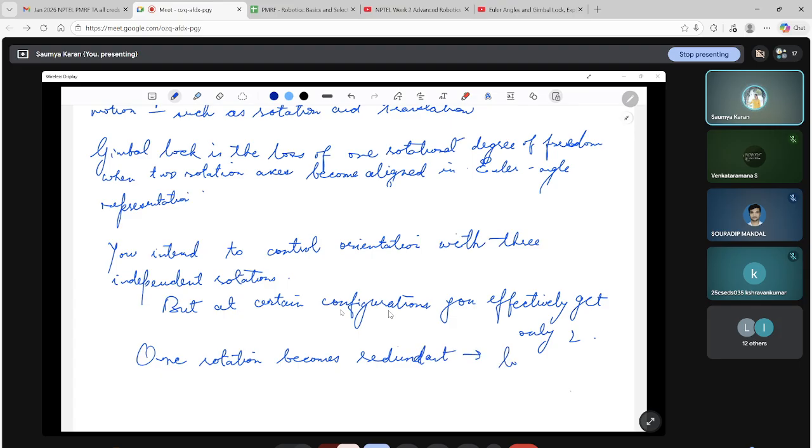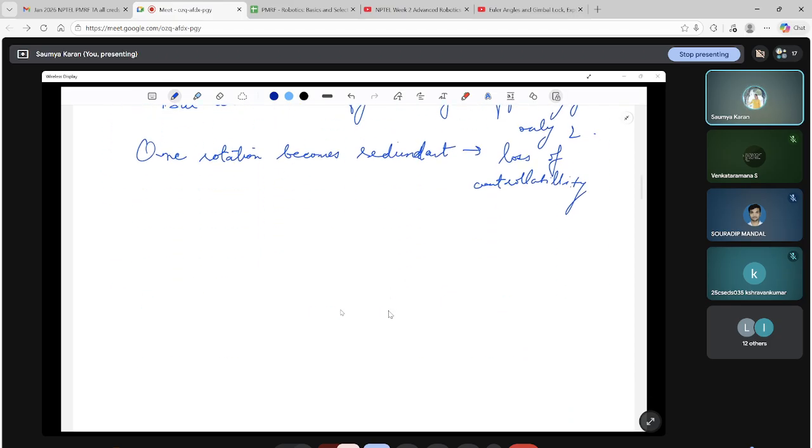That leads to loss of controllability. So it is not a physical lock, it is a mathematical singularity caused by how we describe motion, rotation, right? So, okay, I think this is clear.